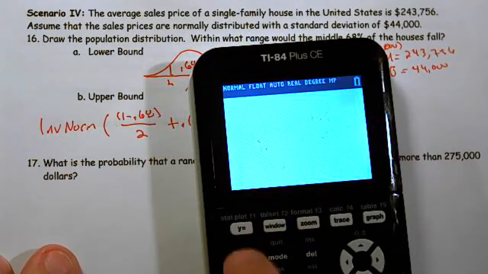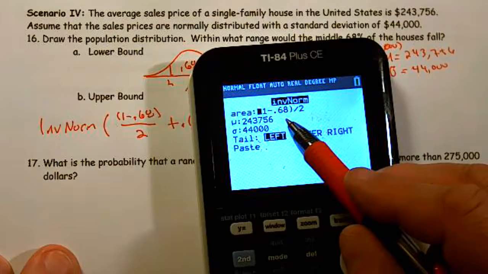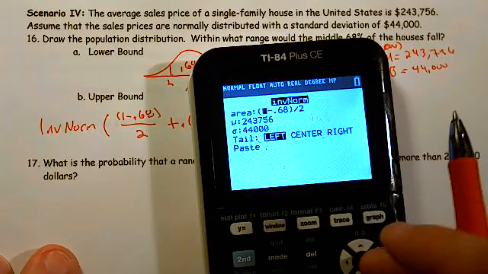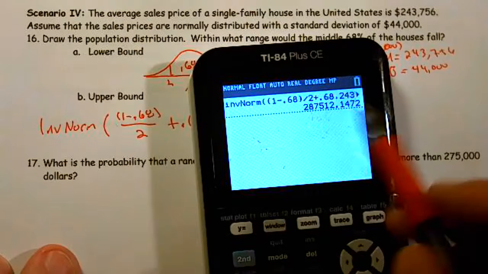So second vars, inverse norm. I already have the 1 minus 0.68 divided by 2. I just need to come back and add that percent back. So add plus 0.68. Mean of 243,756. Standard deviation 44,000.